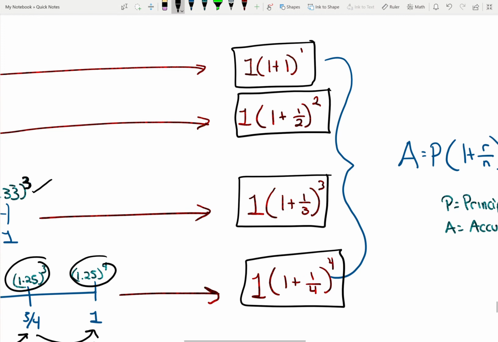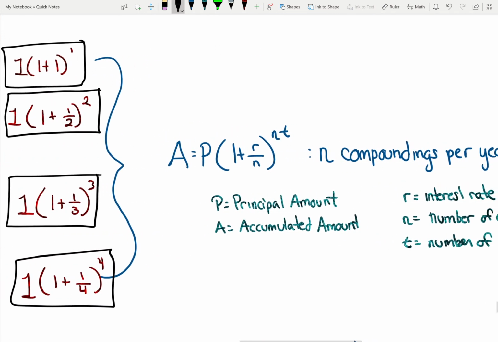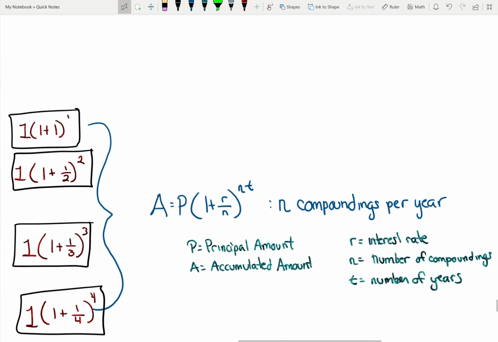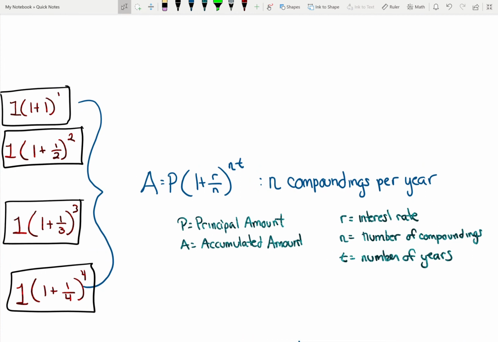And if we want to generalize how this works, we use this formula right here. Let me zoom out just a hair. Right here. So the accumulated value here is A. P is the principal.